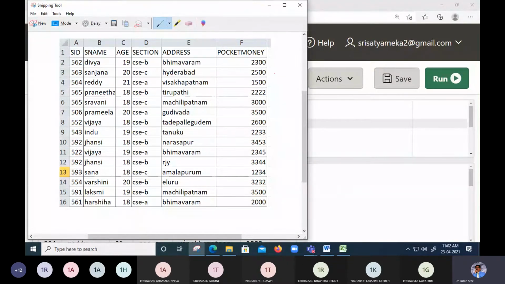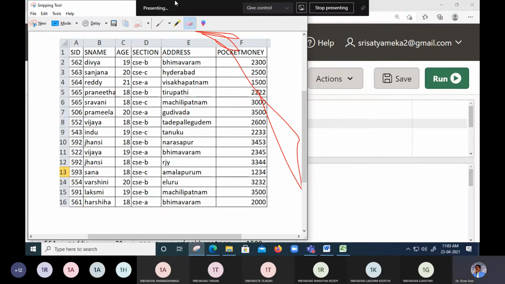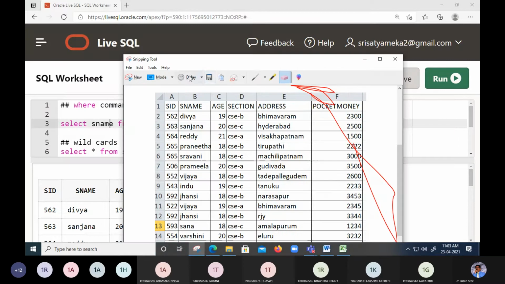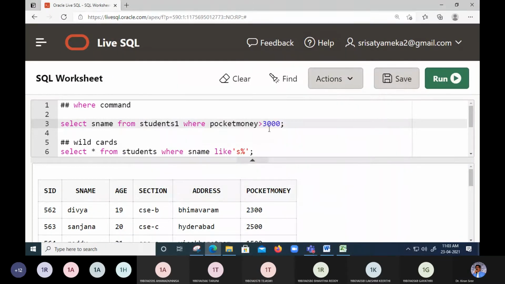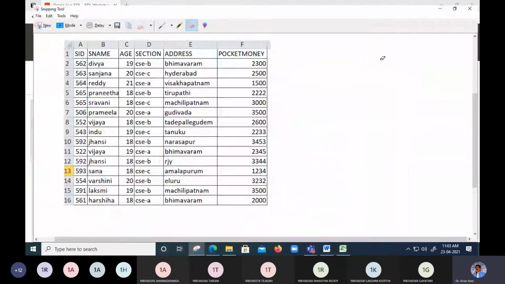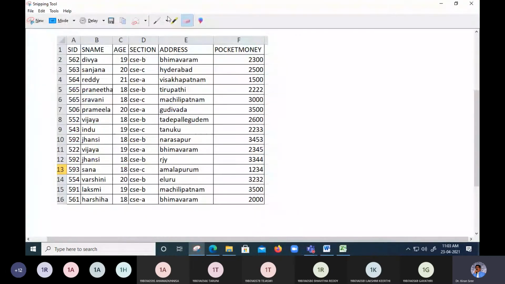We should get the records where pocket money is greater than 3,000.